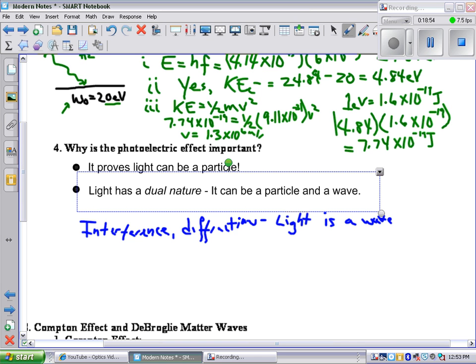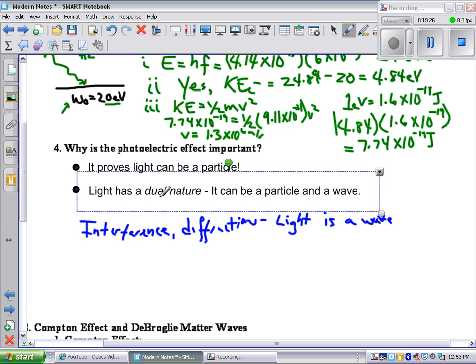If two particles interact with each other, they bounce off of each other. If two waves interact with each other, they have constructive and destructive interference. We've seen that light does produce constructive and destructive interference. We did the lab with the laser. We shined it through a diffraction grating. It bent around behind it, and then we got an interference pattern with central max, first order max, second order max, and minimums in between them. So that is proof that light is a wave because it did this interference thing.